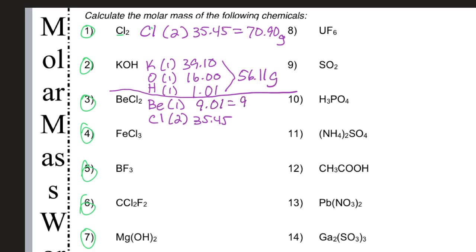That's going to be 1 times 9.01 is 9.01. 2 times 35.45 is 70.90. Going to add these together. 70.90 plus 9.01 equals 79.91 grams.